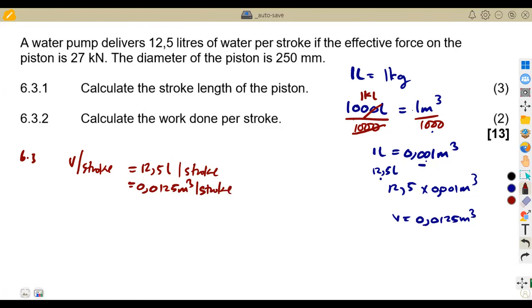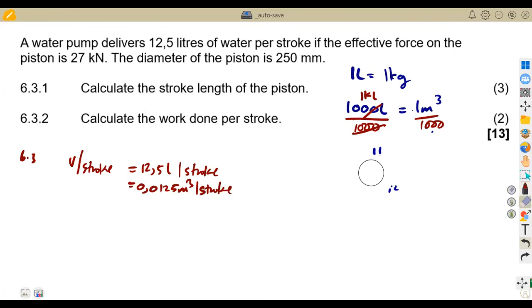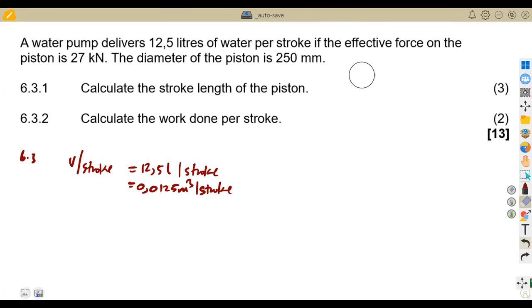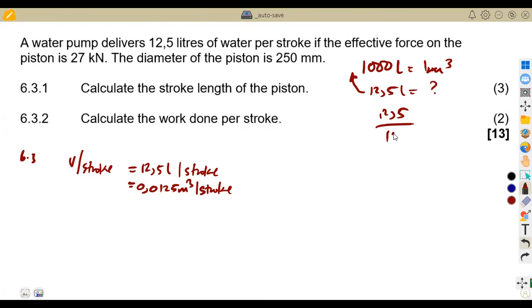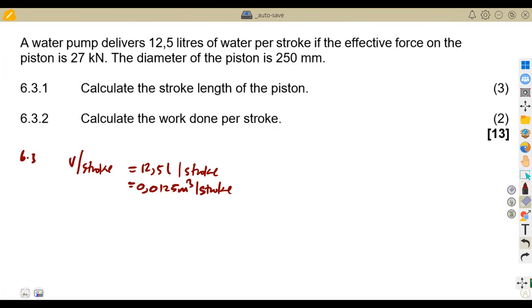That's the idea of your conversion. Or you can simply convert it directly: if 1,000 liters is equal to 1 cubic meter, then 12.5 liters is 12.5 over 1,000 times 1 cubic meter. You obtain the same answer.